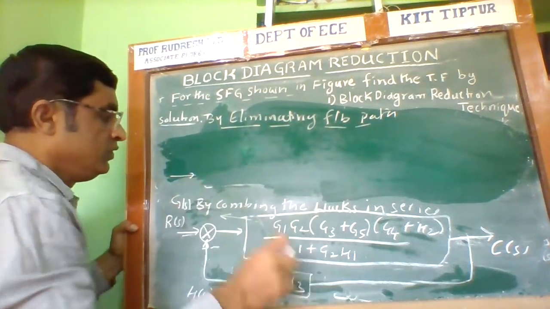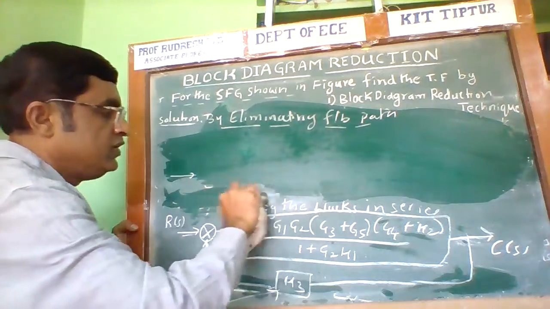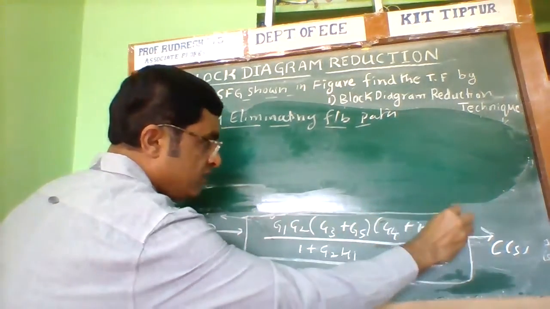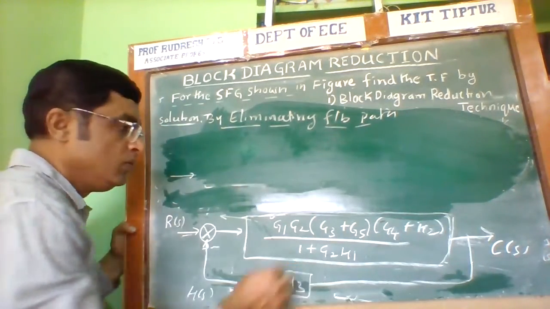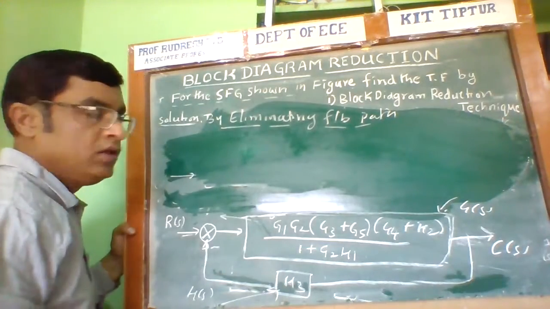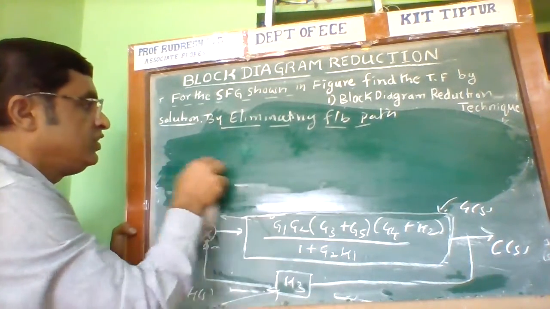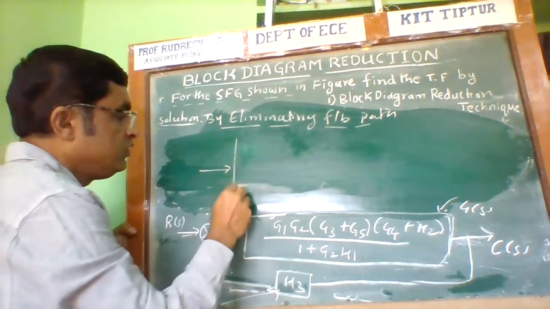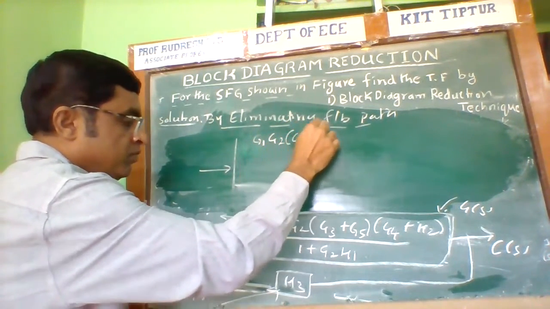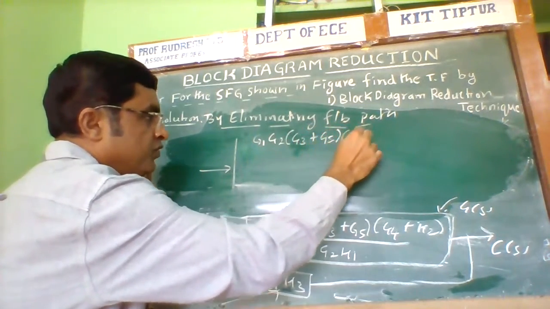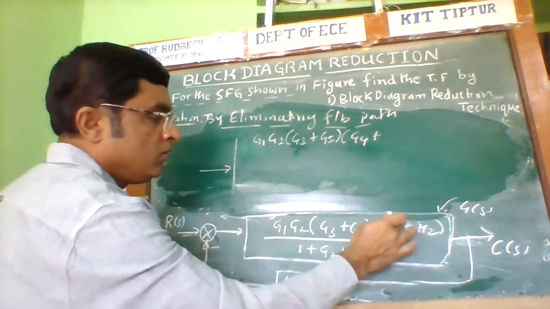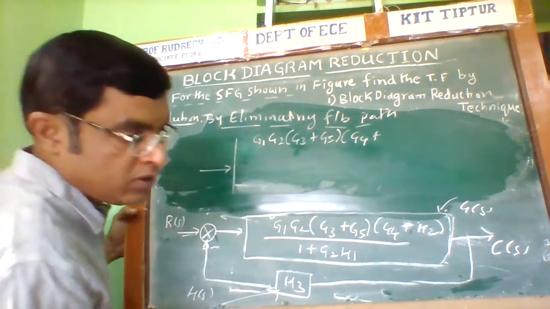Then what is the formula? The formula is G(S) divided by 1 plus G(S) into H(S). So therefore the entire quantity becomes the G(S) value. Now this is the G(S) value. H(S) value is H3. Now apply the formula. The G(S) divided by the input is G(S), G1, G2, G3 plus G5, G4 plus, not plus, here minus H2, because there is a minus symbol here.